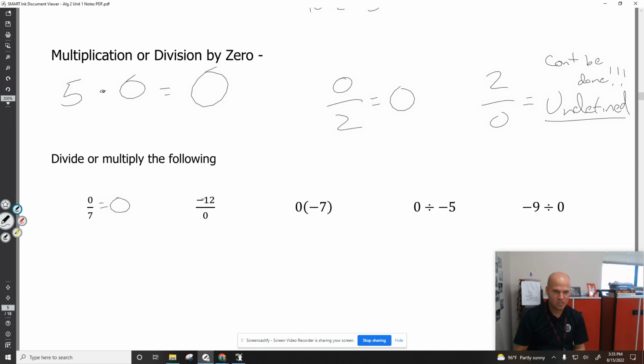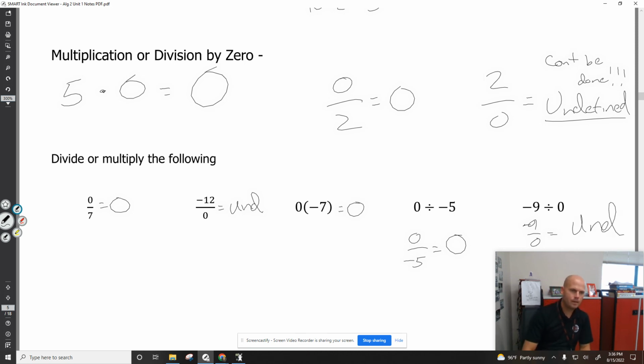How many groups of 0 give you negative 12? I can't do that. 0 groups of negative 7, I can do that. How many groups of negative 5 give you 0? None. Negative 5 times 0 is 0. How many groups of 0 give you 9? Can't be done.